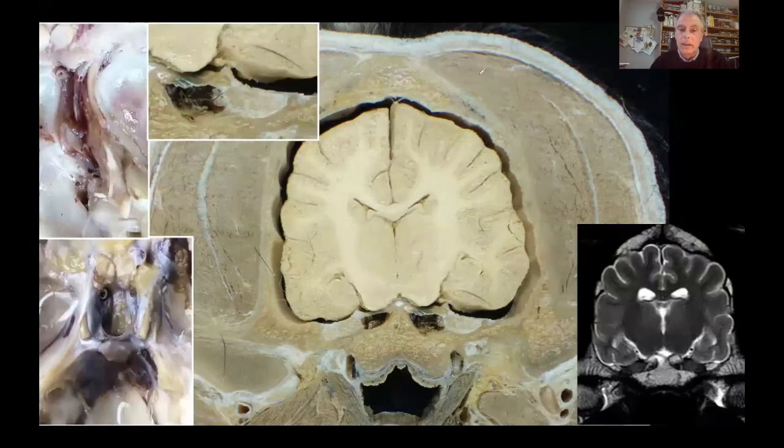Again, we are at the level of the dorsum sellae, right? This is the dorsum sellae, okay? Or here you have an inside view of the floor of the cranial cavity, where you see here is the sella turcica, right here, where the hypophysis is located. Here we have the dorsum sellae, right?